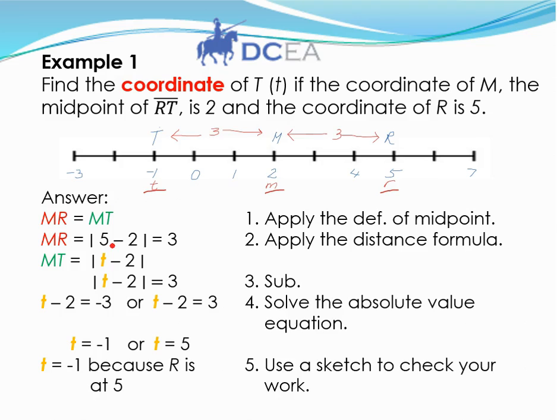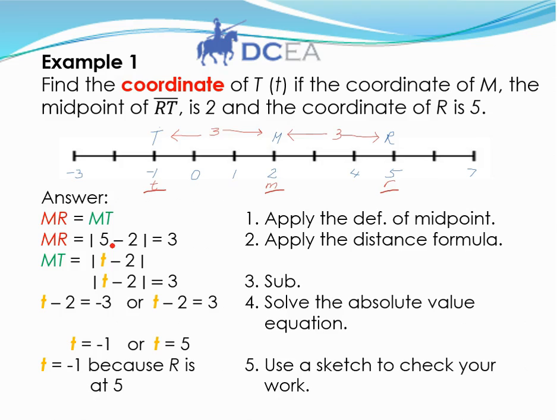Now this problem is just a little different in that to solve the second coordinate, because this is absolute value, there will be 2 answers. They substitute this little t here. Remember, the small t is in the same spot as the large T. It's also the coordinate, the numerical coordinate, -1.